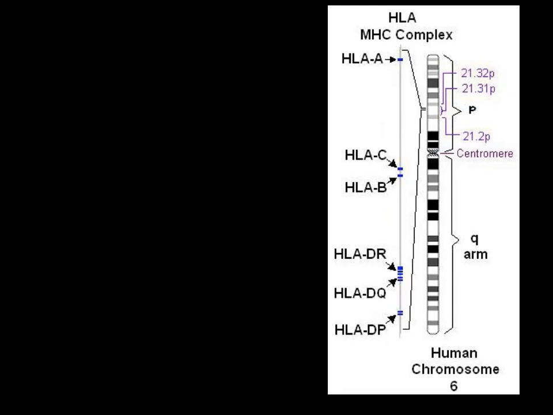And the reason they're called human leukocyte antigens is leukocyte is a fancy word for white blood cell. And these antigens were first discovered on the surfaces of white blood cells. But like I said, they're on the surfaces of all the cells of the body, we now know. And human because, well, duh, that's what we are.